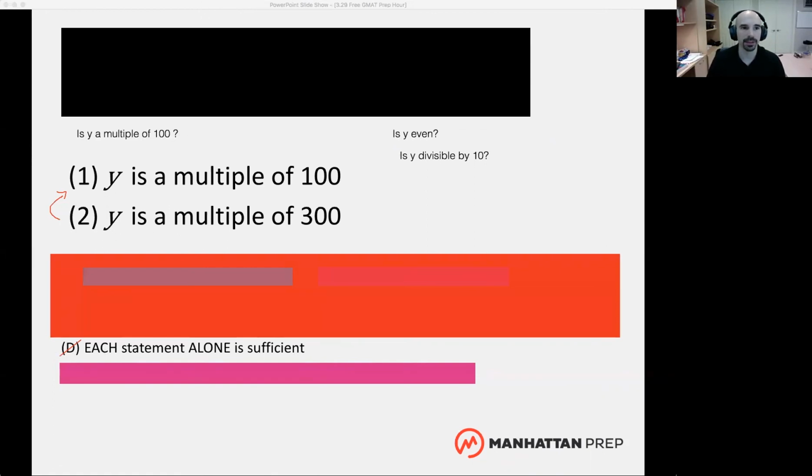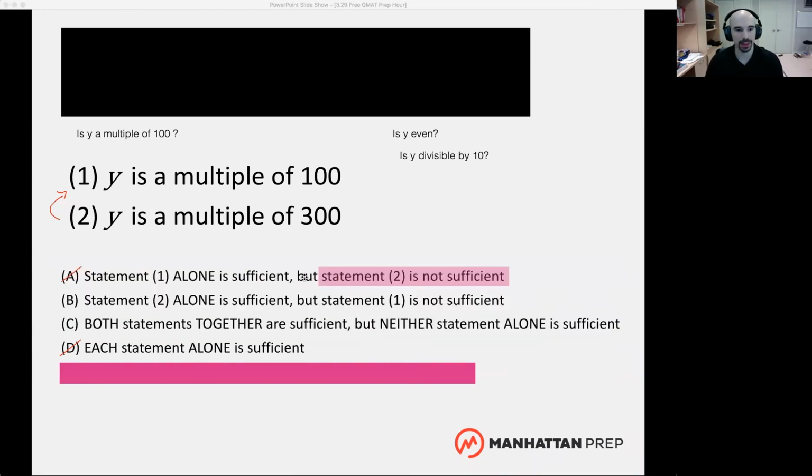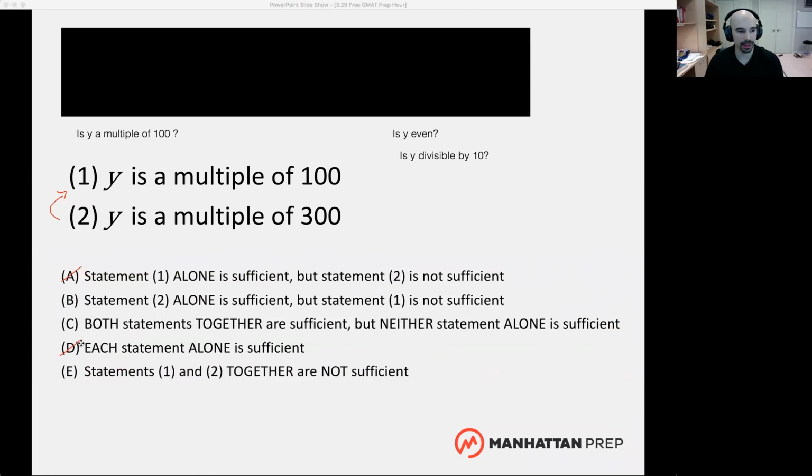Let's reveal all of the answer choices again and see if we can find another answer choice that can be eliminated other than A. So I agree we should eliminate A, but what else can we eliminate without even knowing what the question is, just by seeing that statement 2 implies statement 1?